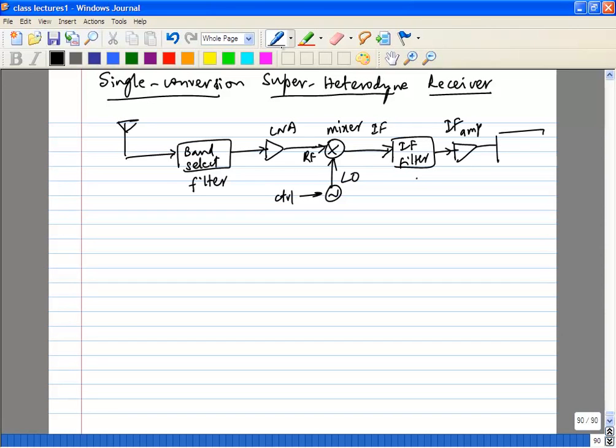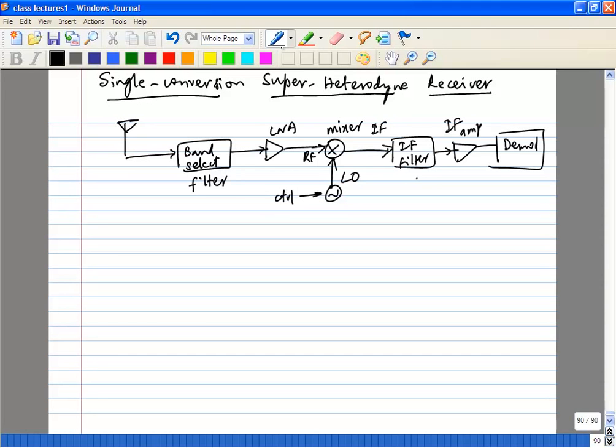And then you have a bunch of demodulation circuitry. We saw that with the band select filter you select out the band of interest, and the LNA offers some amplification with very little noise.